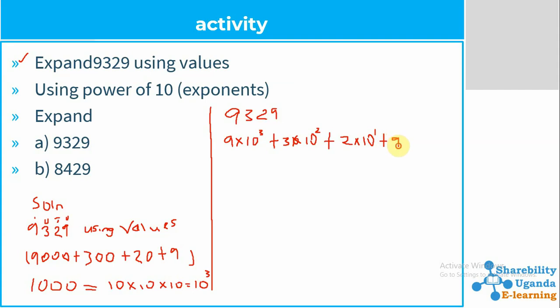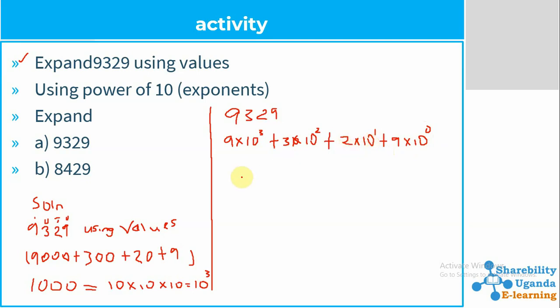When you see here, there is no other number remaining, so we multiply our 9 times 10 to the power 0. We say that any number which is powered to 0 is the same as 1. We said any number that is powered to 1 is that number.